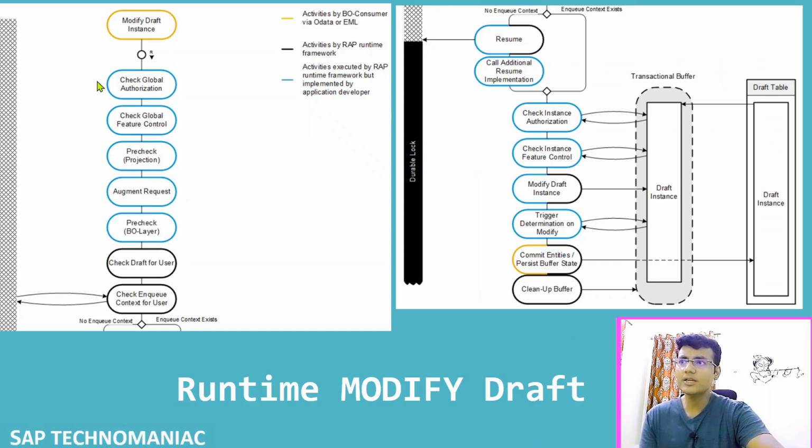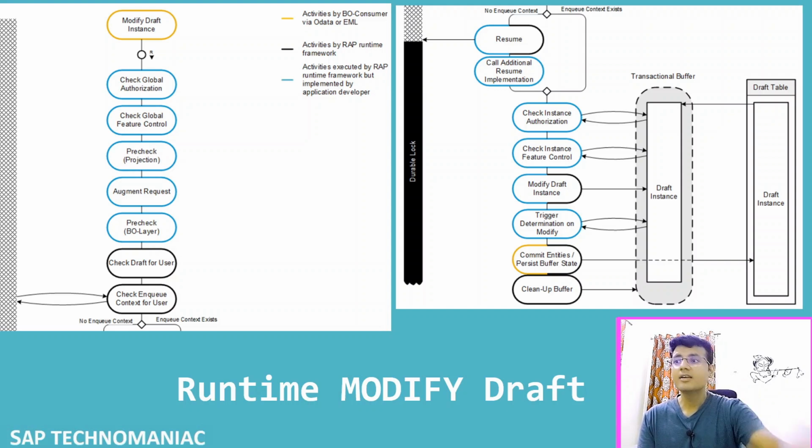When you modify some data, what will happen? It will check the global authorization, and it will check the global feature control. If you have defined some pre-check on the projection layer or augmentations, those will be checked. After that, it will check the pre-check at the base BO level, and it will first see whether a draft for that particular user is already there.